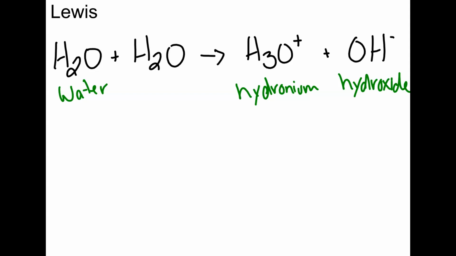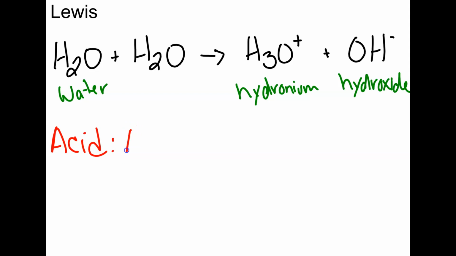And the other one is taking on that proton. So what Lewis said was, how about instead of acids being defined as substances that donate a proton, he flipped it. So instead of giving away an H plus, he said that they are actually taking on an electron.